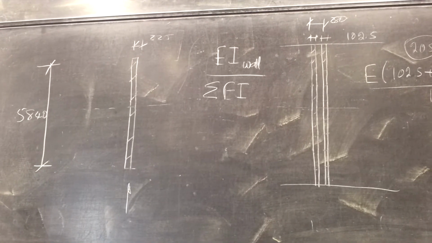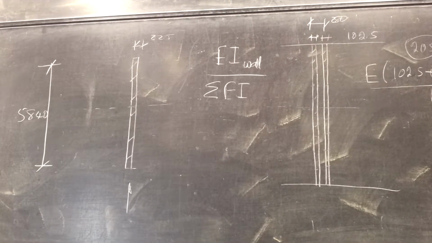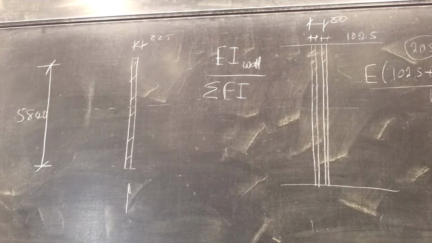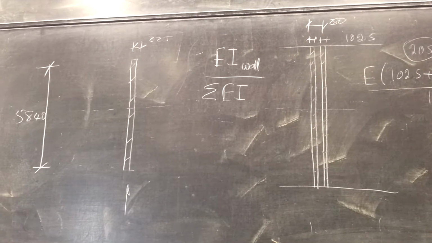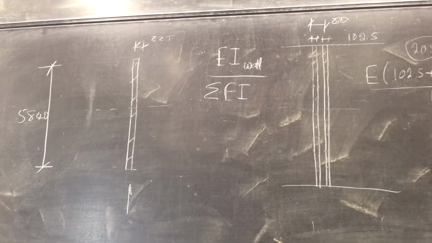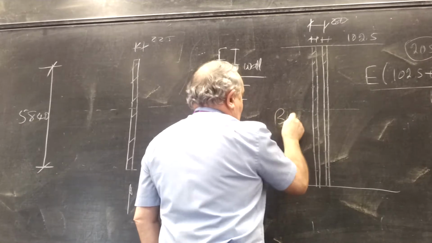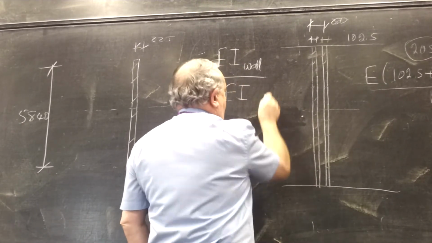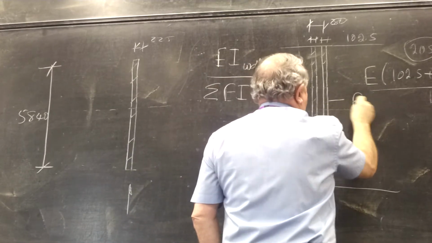Is that okay? If you had two separate walls of different materials, obviously two E values, you have to equate them. You would have to use the E then. Yeah. So supposing we had one, let's say that was block, and that was brick.